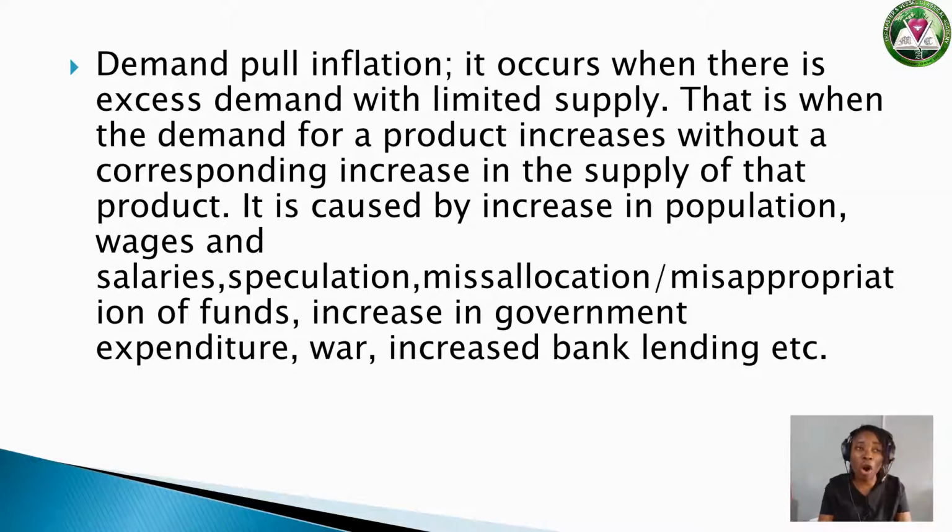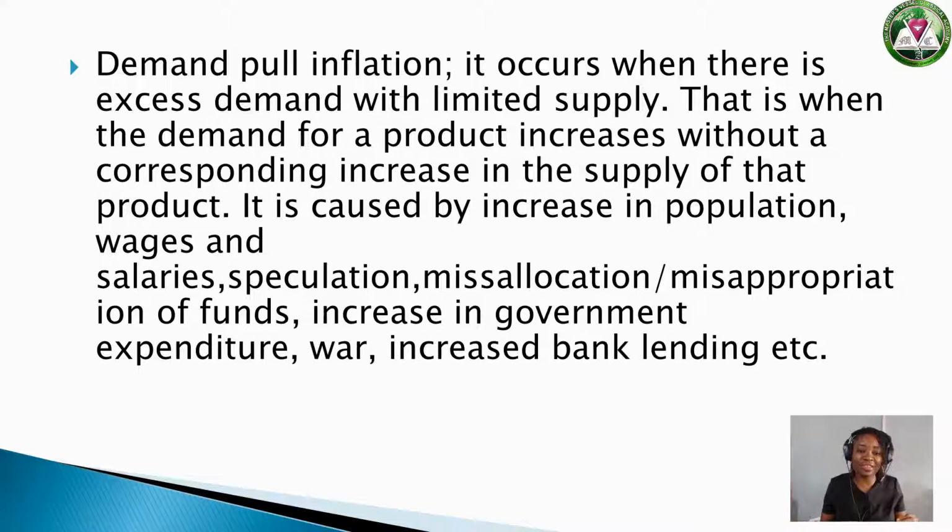Now we have another cause of demand pull inflation: war. Let's say, for instance, in a particular state they are into farming and there is war, and they target that area. During the period of war, they target mainly industries, agricultural sectors, and the rest of them.